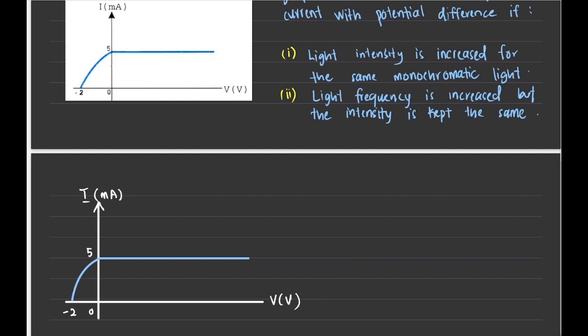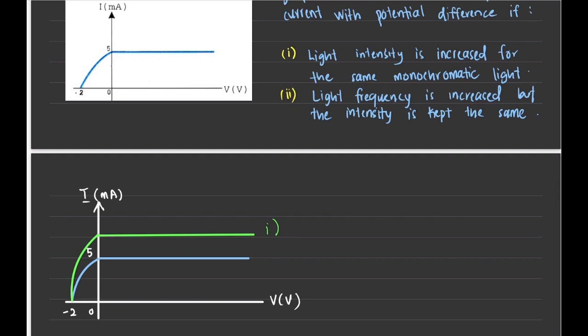So for the new graph, we will get an increased I, but the stopping potential Vs will remain the same. So this is for number one.